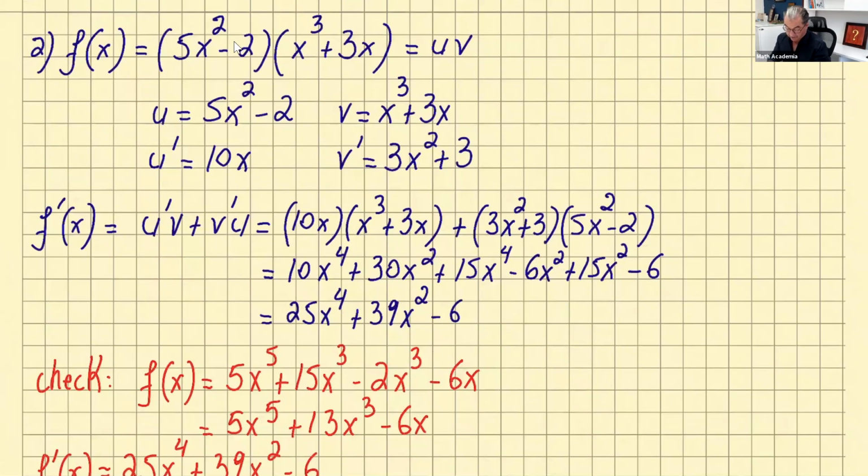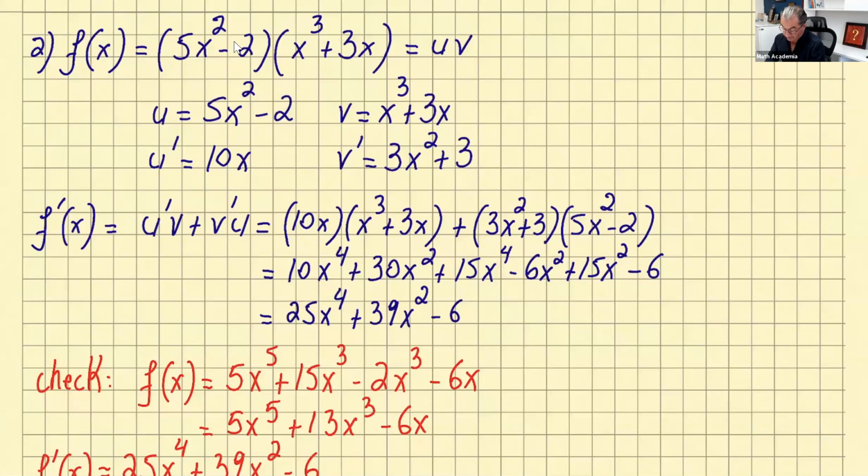Let's do this second example. F of x is 5x squared minus 2 times x cubed plus 3x, and that's our u times v. So u is 5x squared minus 2, v is x cubed plus 3x. The derivative u prime is 10x. Again, the derivative of 5x squared is 10x, and the derivative of negative 2, that's a constant, is 0.